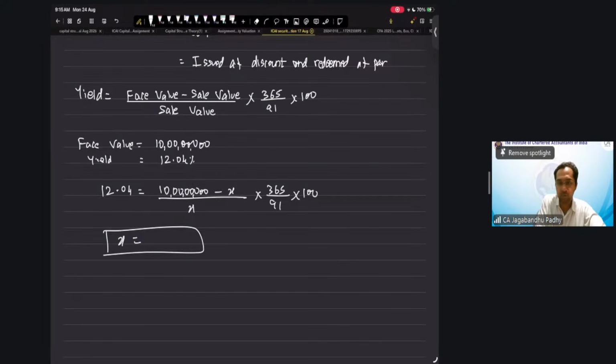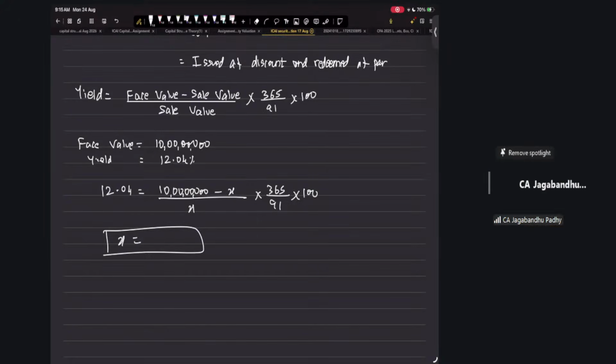So can you get the value of X over here, solving it?